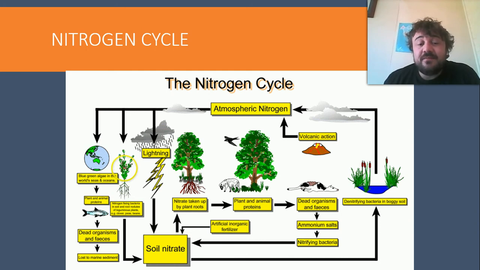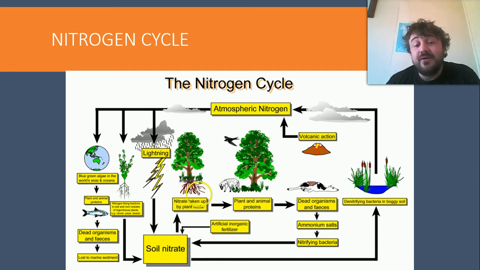It can be fixed by bacteria in soil, but fixed means it gets broken down and put into a usable form. So you've got nitrogen fixing bacteria, that's what that says there. Lightning, because of its heat, will break it apart and allow it to react with the soil, and then we get soil nitrates.